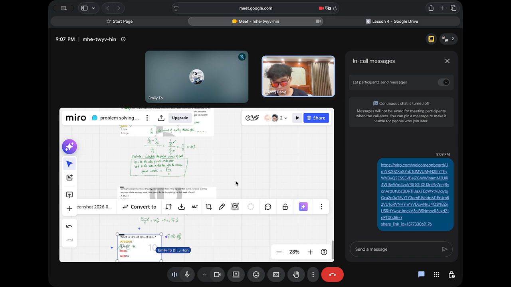You do not include this in your calculation, just keep it here and just take 10% multiplied by 20% multiplied by 30, and it will be 0.6.